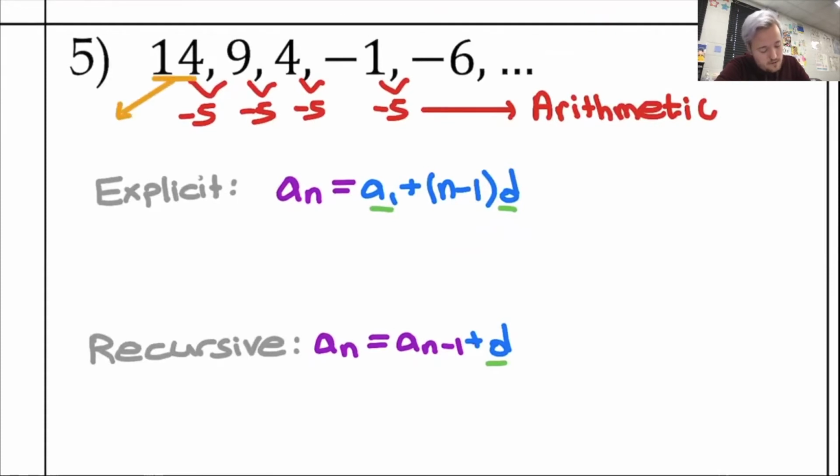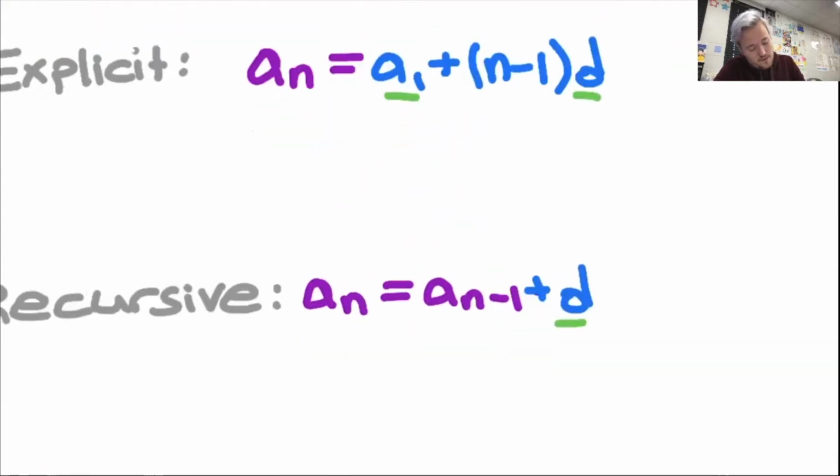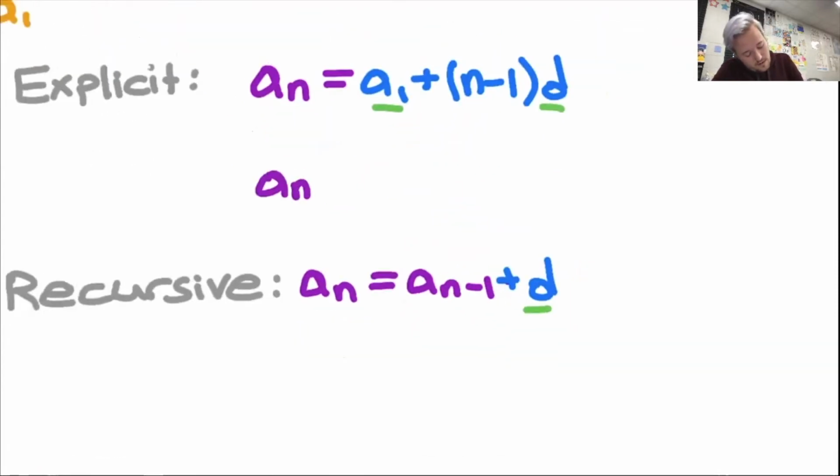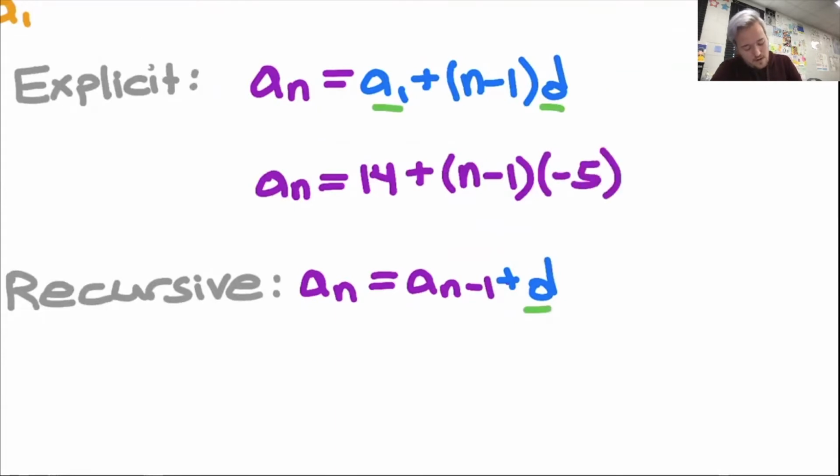It's always literally just the first number. So A of n equals 14 plus n minus 1 times your common difference, which is -5.